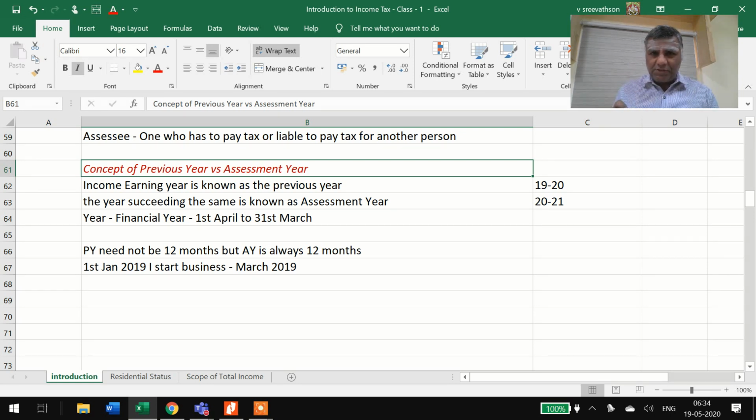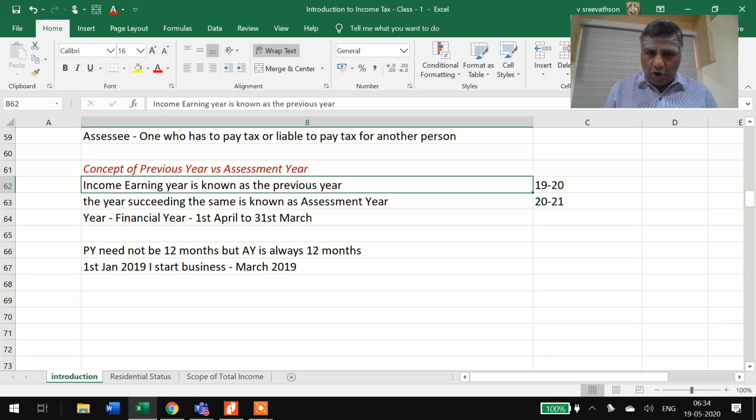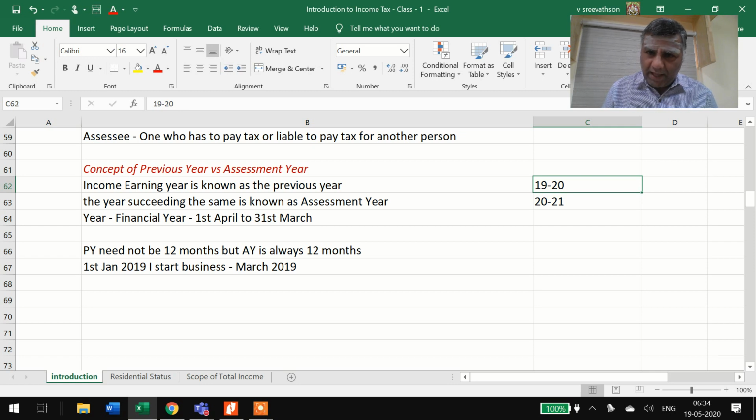Assessment means, at this level, checking whether you have properly disclosed your income and properly paid your taxes, and we all know that can happen only after the year is over. So only after 31st March 2020 can that work start.